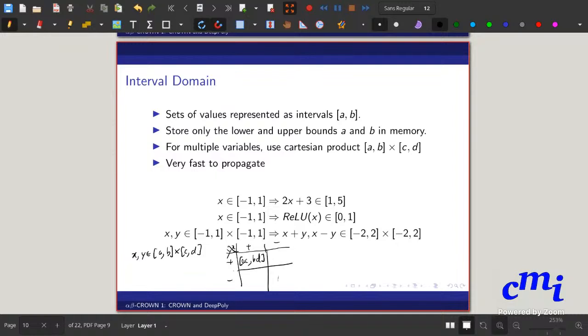Why minus? I don't know if I'm making a mistake, but let's say this is AB, this is CD, something like this, right? If both of my X and Y are within this region, when I multiply them, and this is 0, they'll come over here, right?